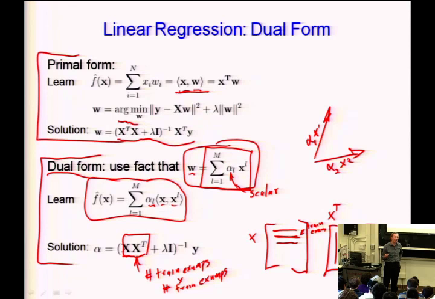It's not number of training examples by number of training examples. Right. This is the number of dimensions of the data by number of dimensions.